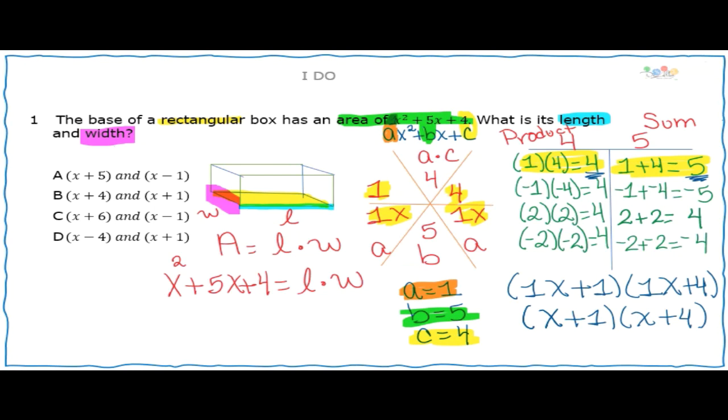Yes, it will be your answer choice, letter B. If you want to, I'll leave it up to you, you can multiply those two factors using the box to double check that I actually get x squared plus 5x plus 4.